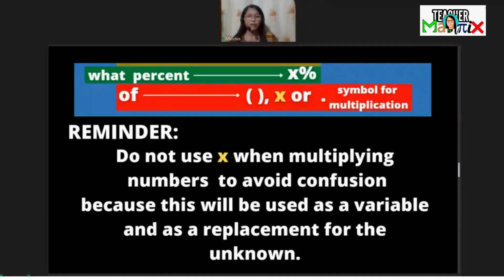But, reminder, do not use X when multiplying numbers to avoid confusion, because this will be used as a variable and as a replacement for the unknown.